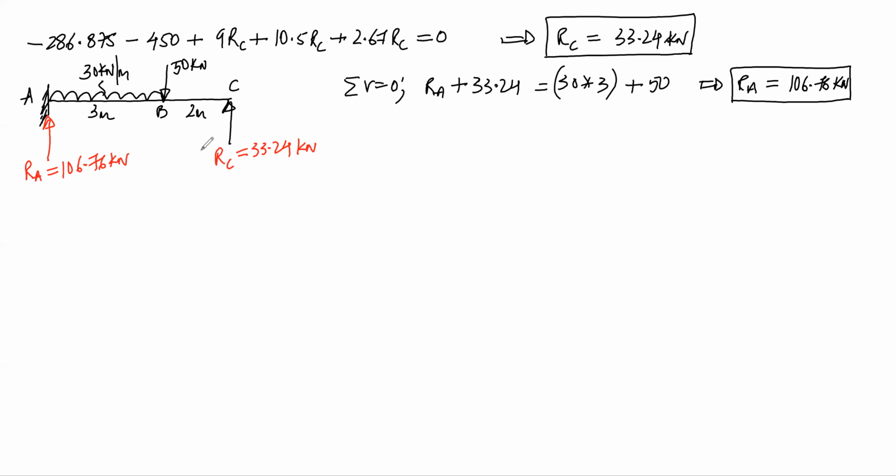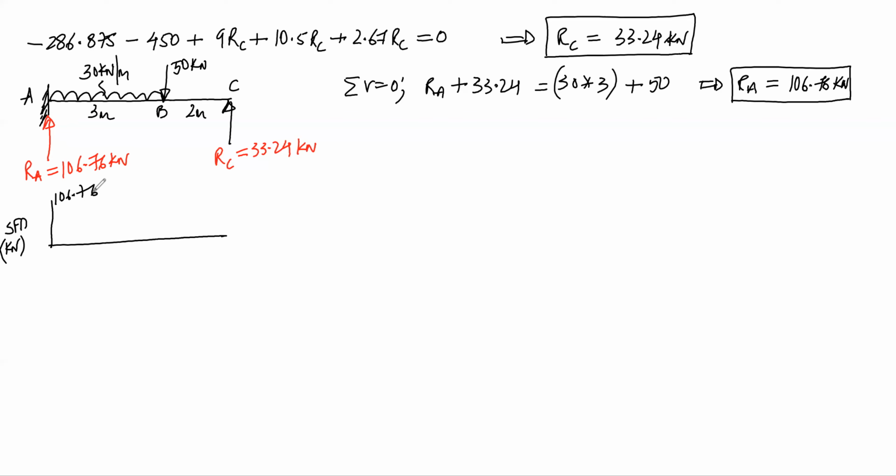I can draw the shear force diagram. So I will draw the shear force diagram in kilonewtons. The sign convention is left to right. Upward forces are positive and downward forces are negative, right? So at A, there is an upward force 106.76. From A to B, there is a UDL acting downwards 30 into 3.